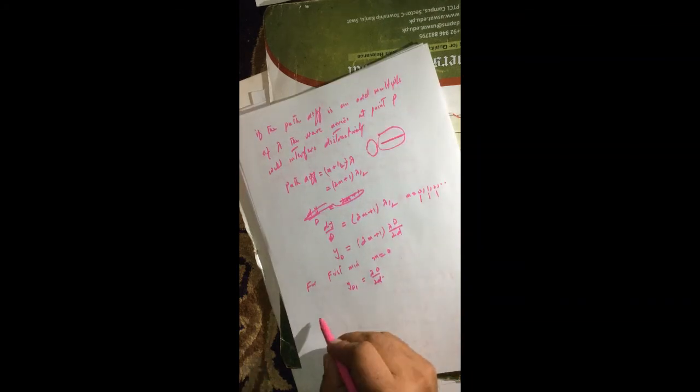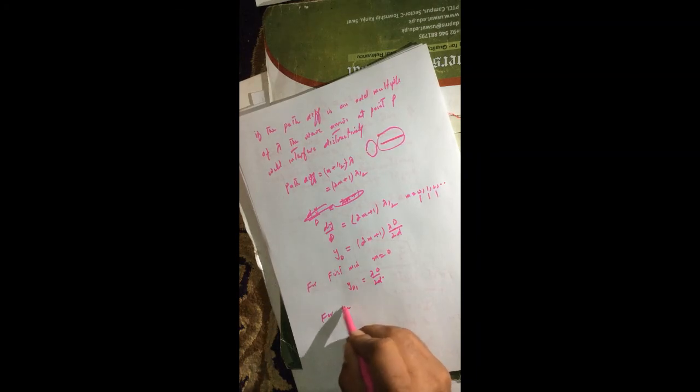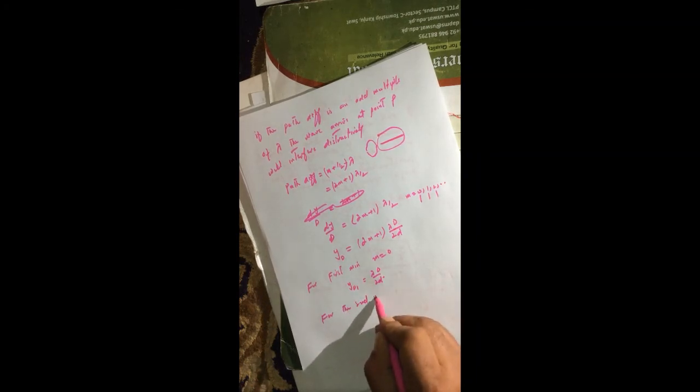For the second minima, the second dark fringe, m should be 1.